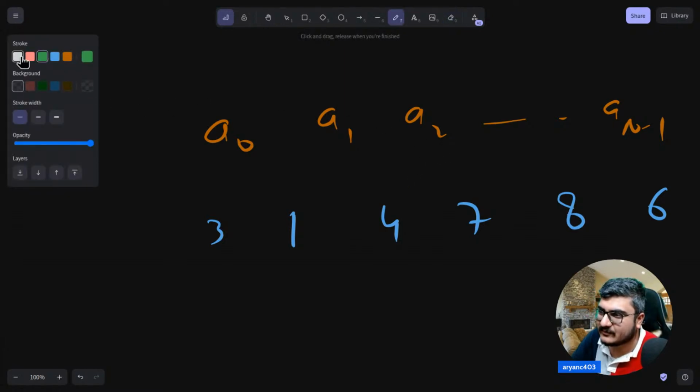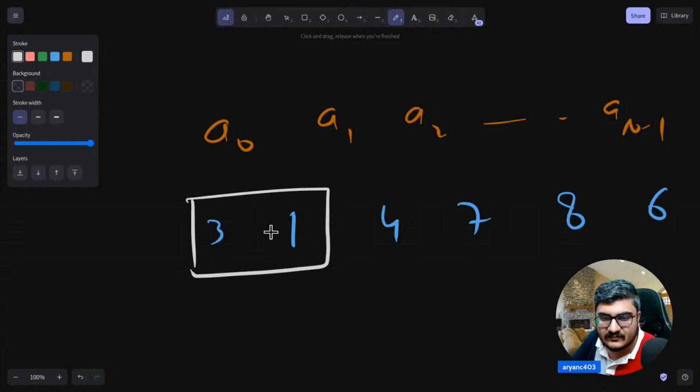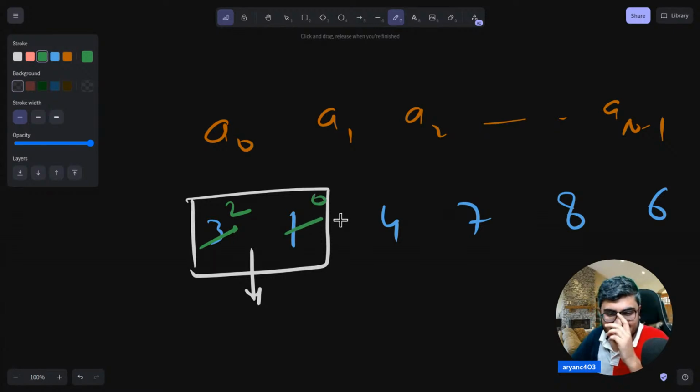The first time we do an operation, we should do it here only. We have no other choice. If we do an operation here, this ends up being 0 and 1, this ends up being 0, this ends up being 2, and now you can never do anything else here. The answer will be no here.